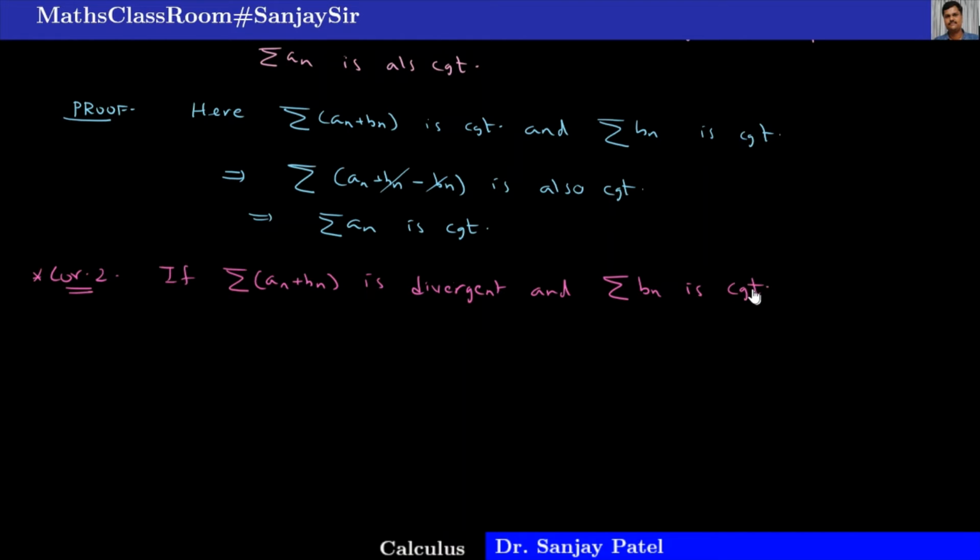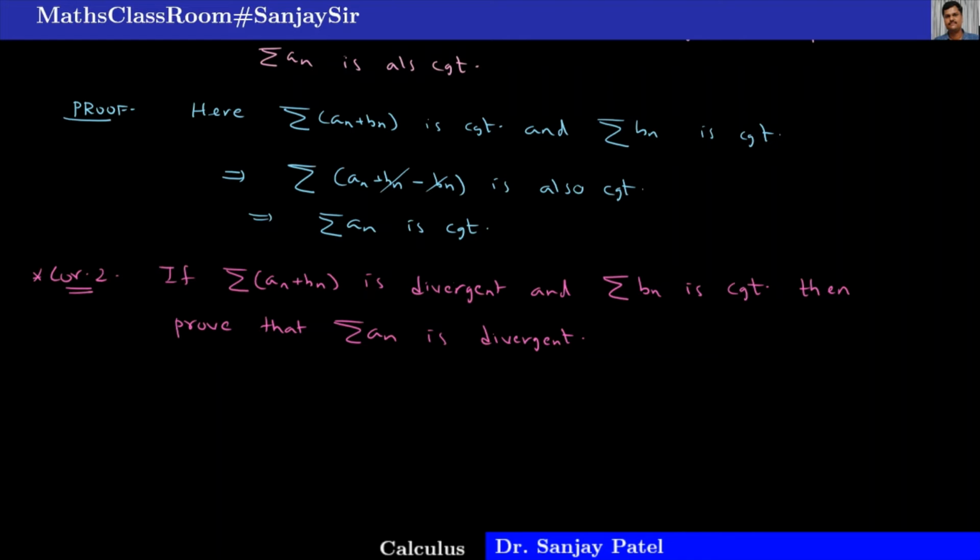Remember that it is a different thing. Sigma an plus bn is divergent and sigma bn is convergent. Then prove that sigma an must be divergent. This is also divergent.